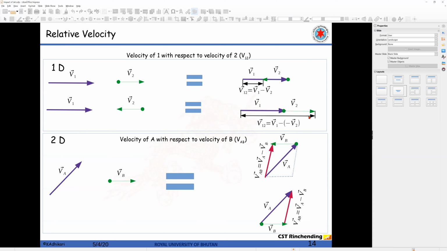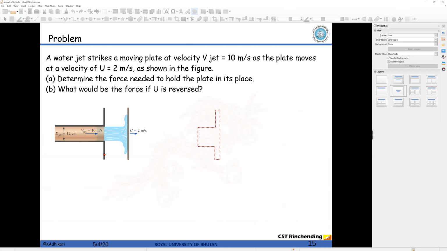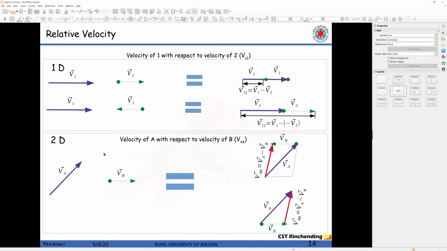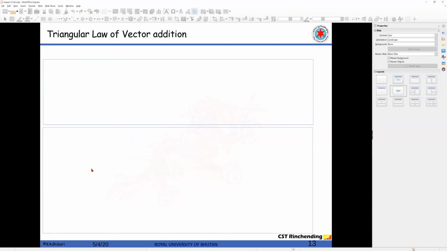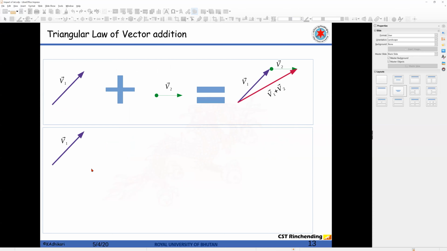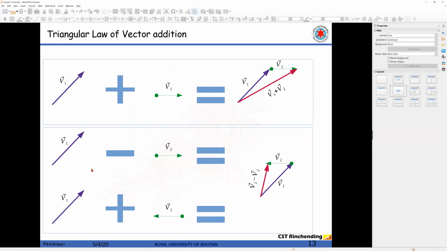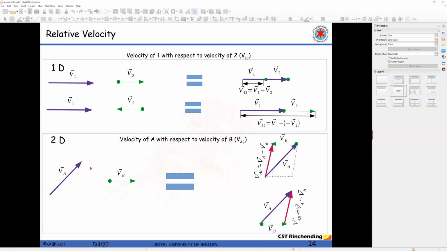This is also seen in the graphical form. The magnitude has enlarged now. So in two dimensions, there's vector A, and let's say there's vector B in this orientation.